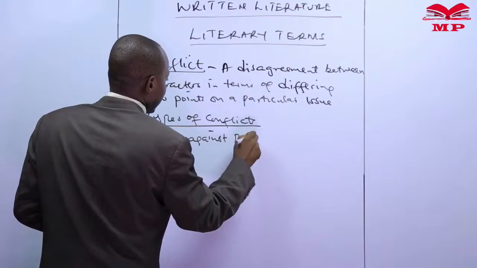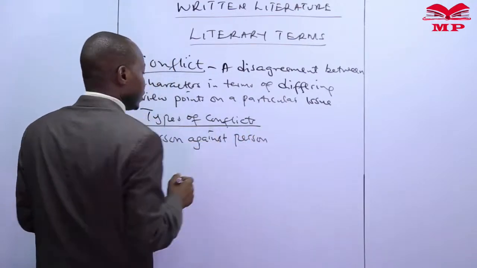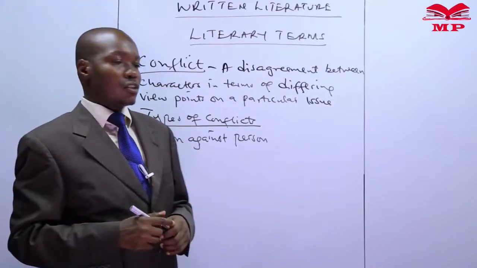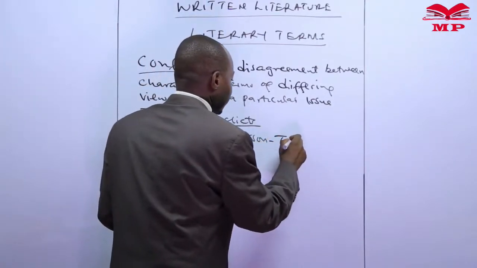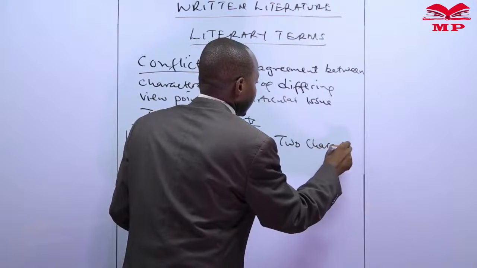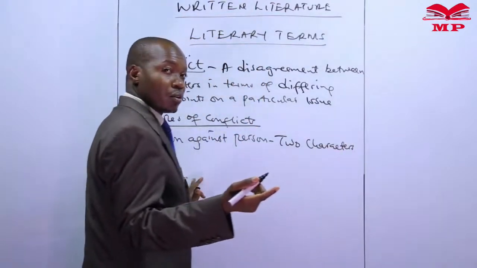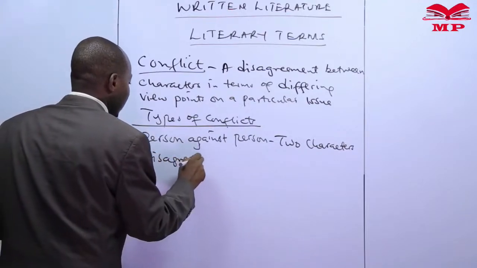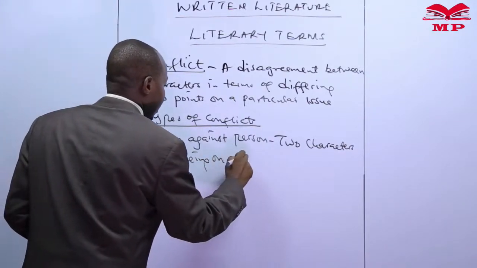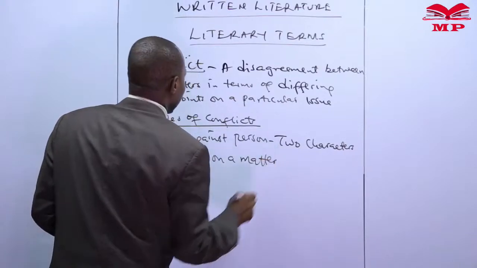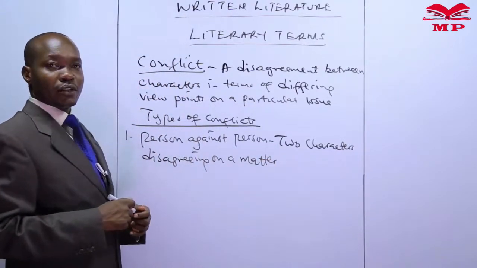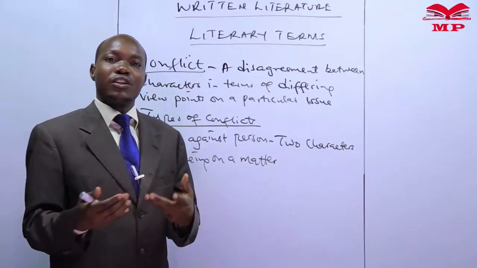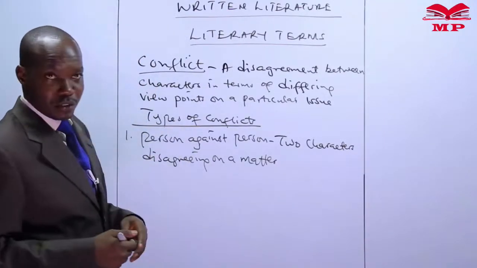This means two characters disagreeing on a matter. That is called person against person. As long as two characters or even more characters do not agree on an issue, that's called person against person.